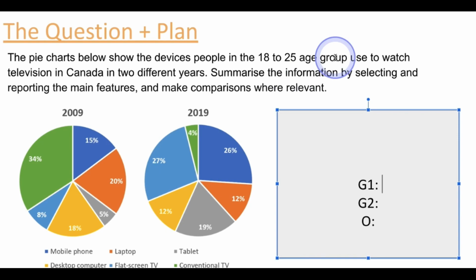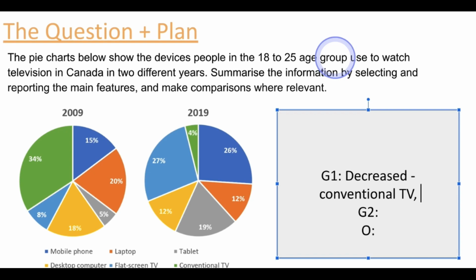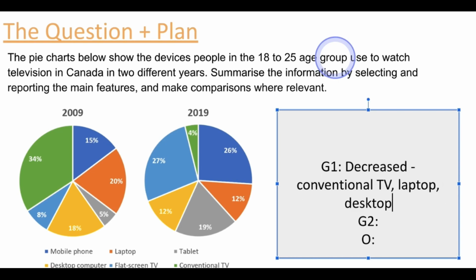So group 1, we have ones that have decreased over the 10 years. Conventional TV. We have laptop. And we have desktop computer.